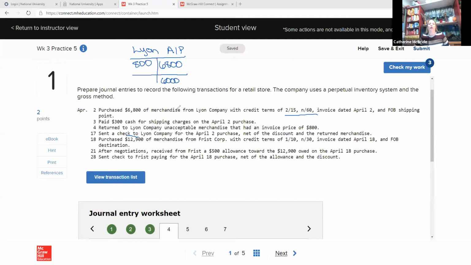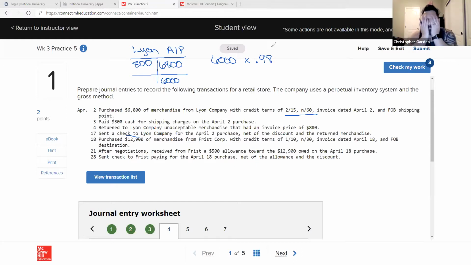So I'm going to look at two things. If I owe $6,000 and I get a 2% discount, I'm going to write my check for 98% of $6,000. 5,880.